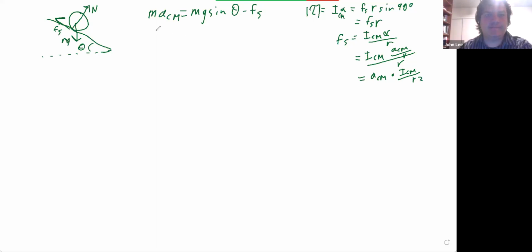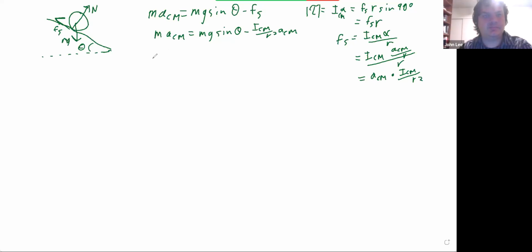So M A center of mass is equal to mg sine theta minus I center of mass over R squared times A center of mass.